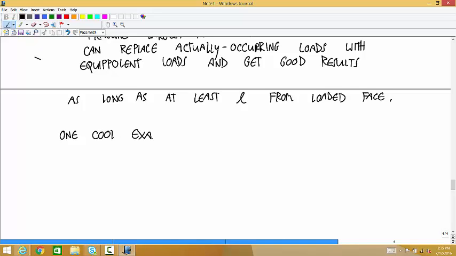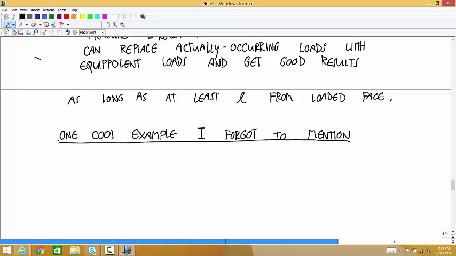One cool example I forgot to mention. I told you how to calculate the stress tensor that contains the maximum shear stress, right?